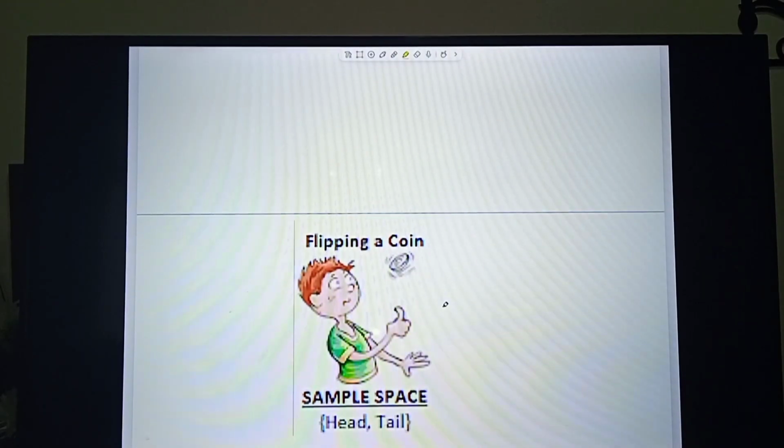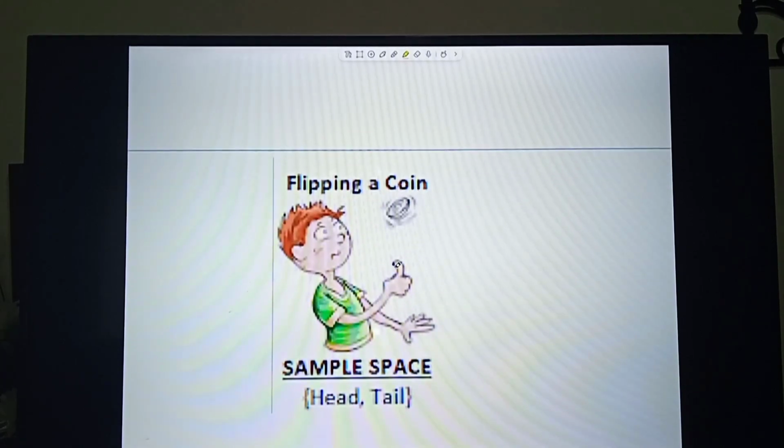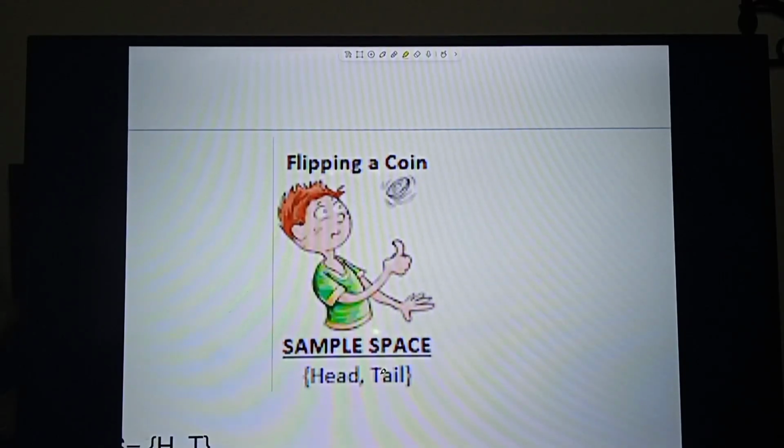let's consider an experiment of flipping a coin. When you flip a coin, there are two faces of a coin, so you may get head or tail.